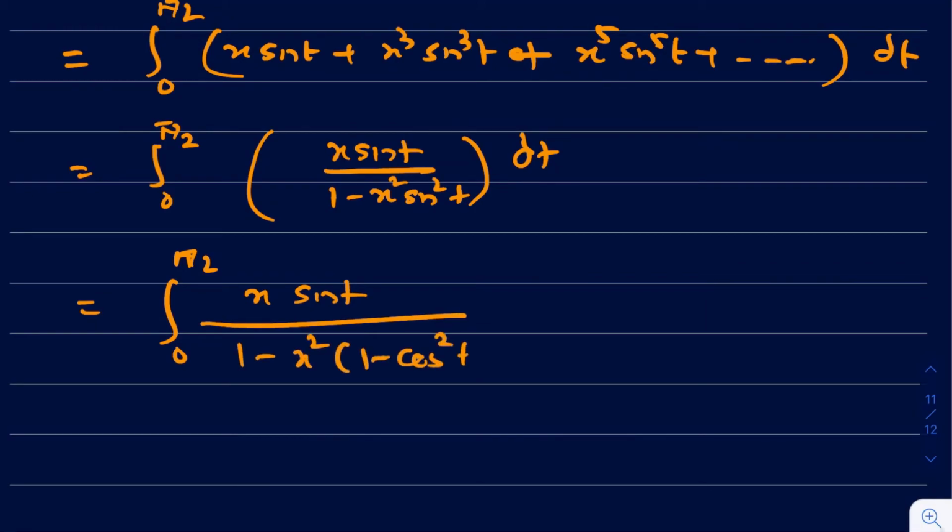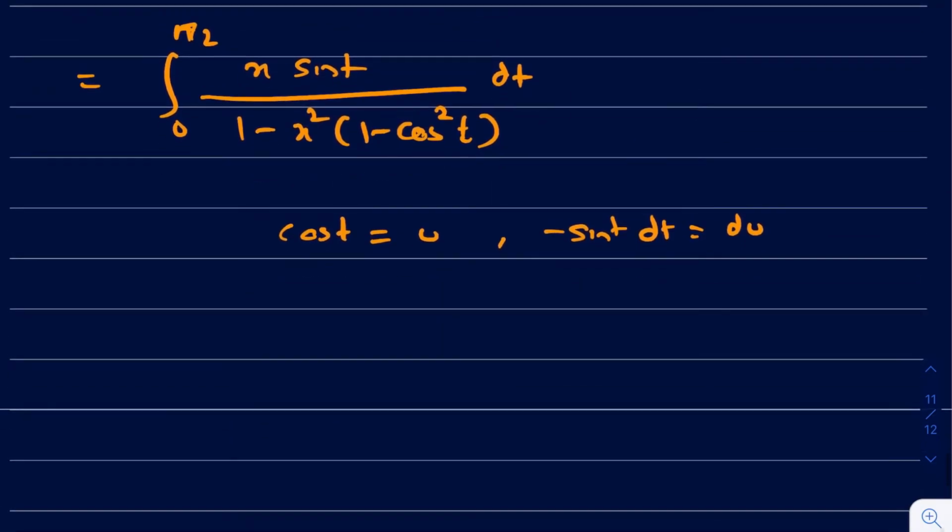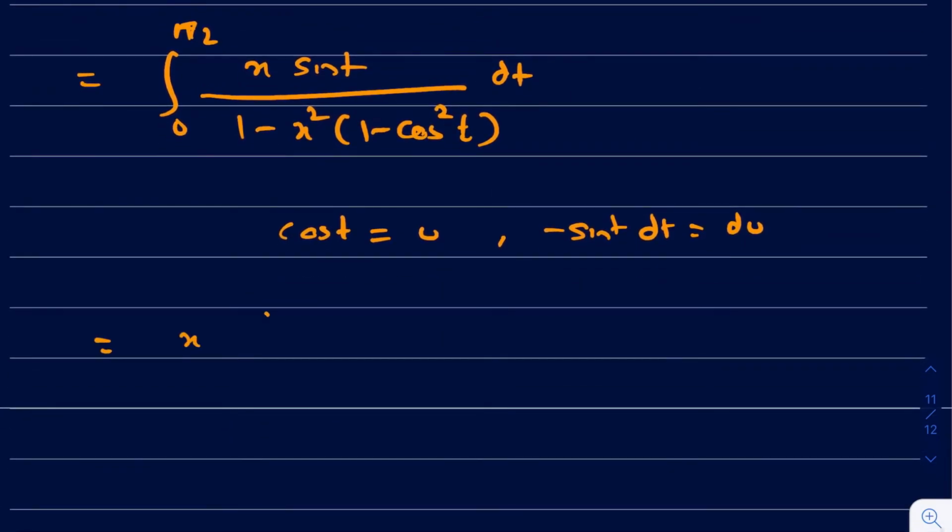I will write the denominator sin square t as 1 minus cos square t, and I am going to substitute cos t as a new variable u. Since cos t is u, the differentiation of cos t, minus sin t dt, will be du. Now the integration will change to minus du in the numerator, and the denominator is 1 minus x square plus x square u square.